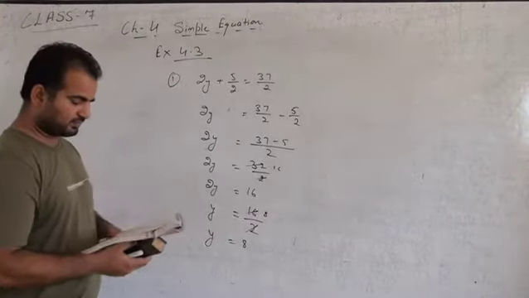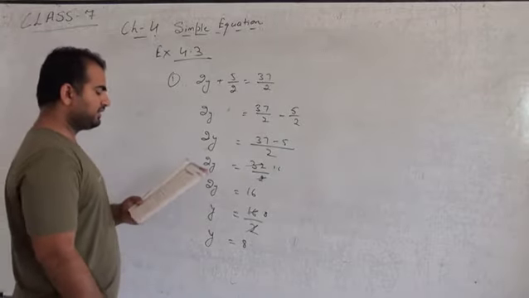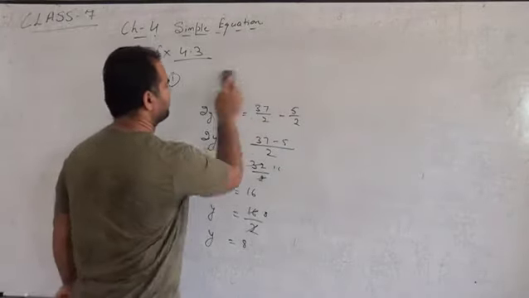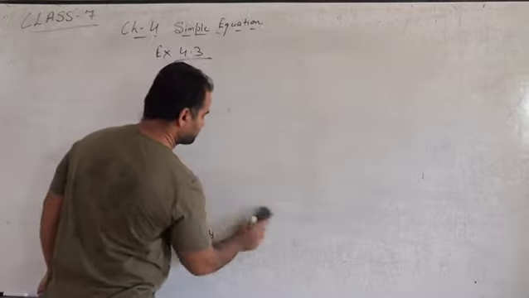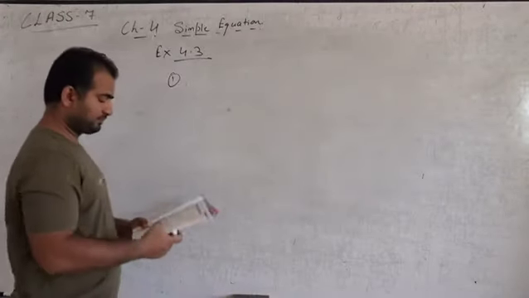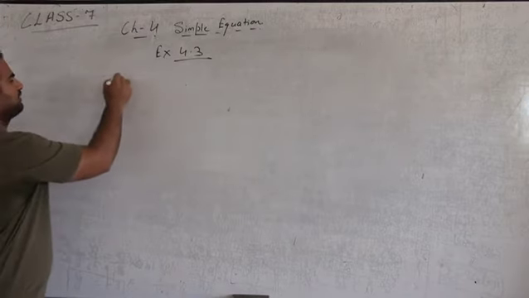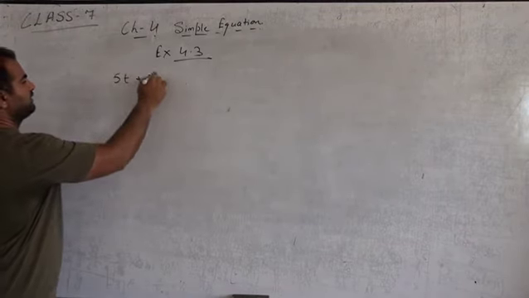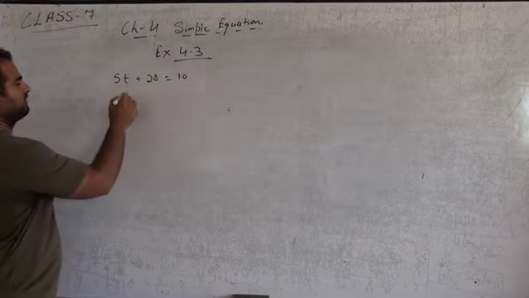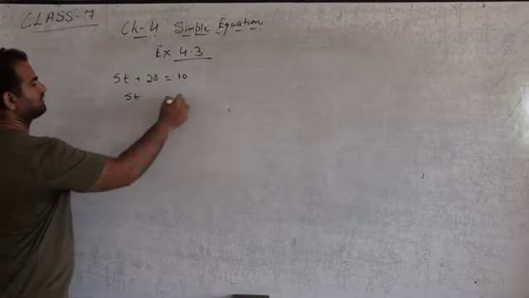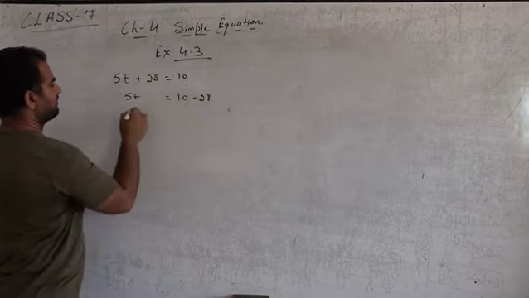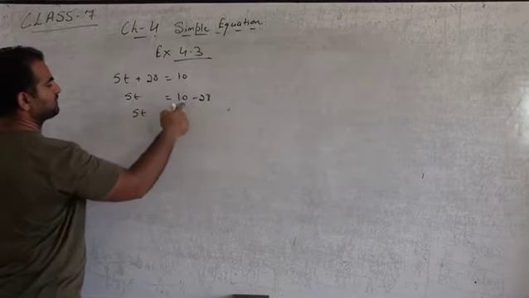Next is 5t plus 28 equals 10. It will be 5t equals 10 minus 28. 5t equals, what is 10 minus 28?